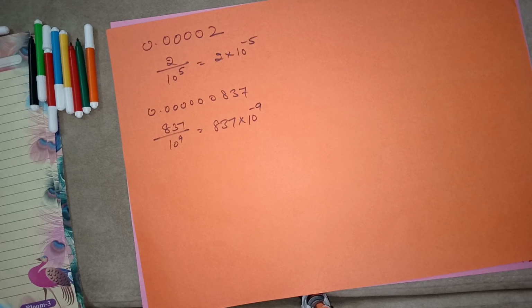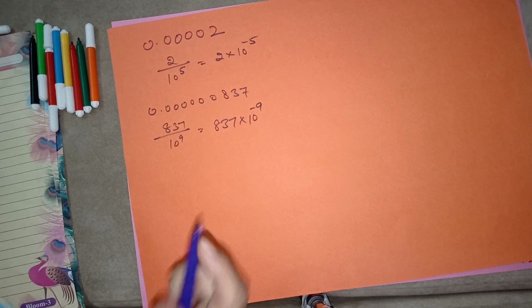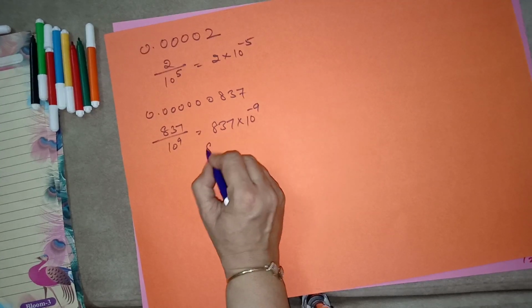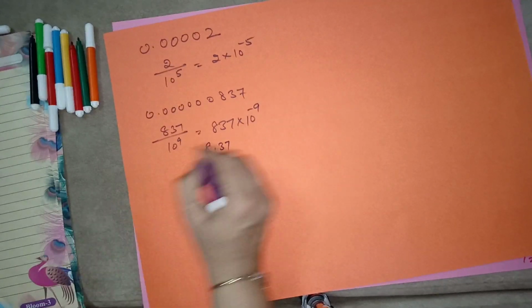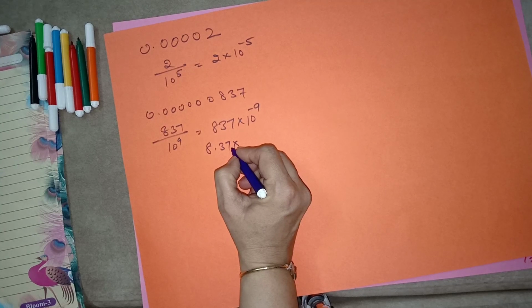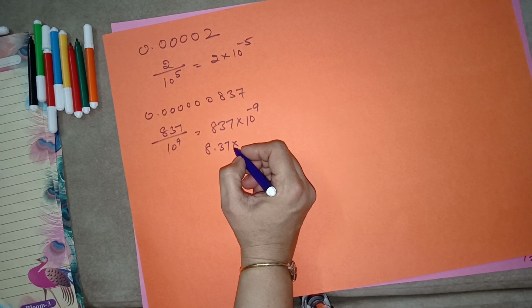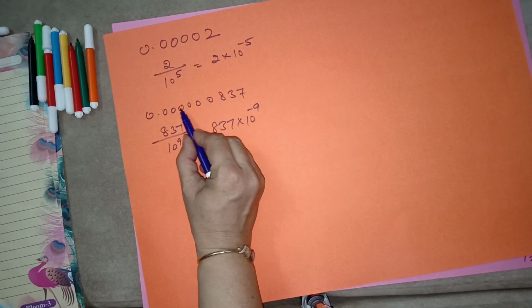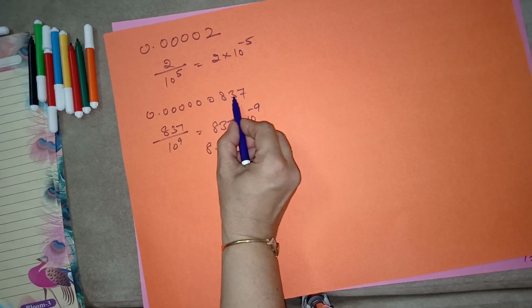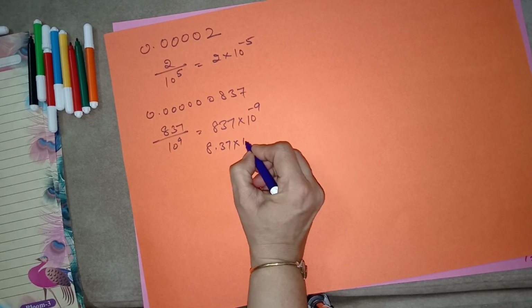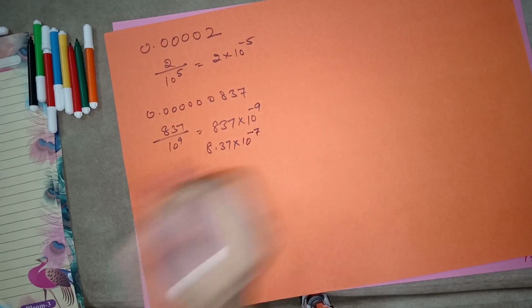But in the standard form, there is always one digit before the decimal, so I can write 8.37 multiply 10 to the power, how many, 1 2 3 4 5 6 7 8 9. Then I can write 10 to the power minus 7.